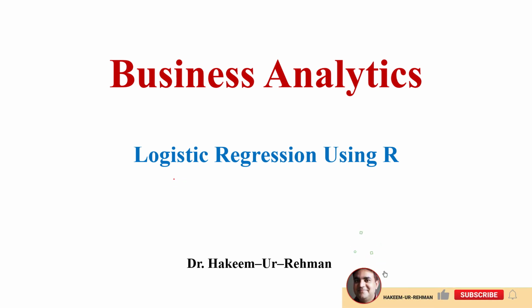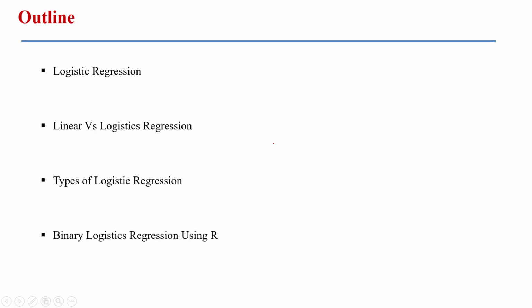Welcome. In this video lecture, we are going to talk about logistic regression. So we will first see what logistic regression is and under what conditions we can apply this logistic regression approach. Then we will see the difference between linear regression and logistic regression.